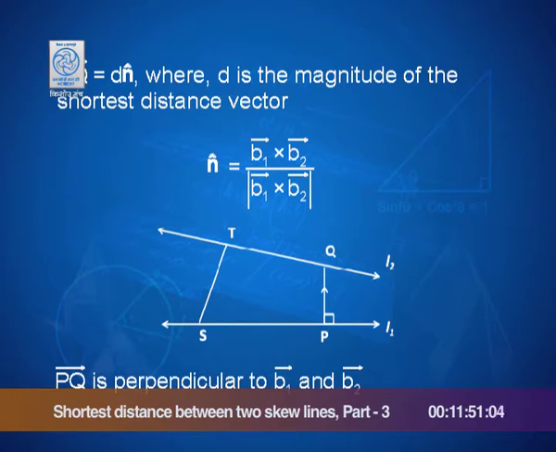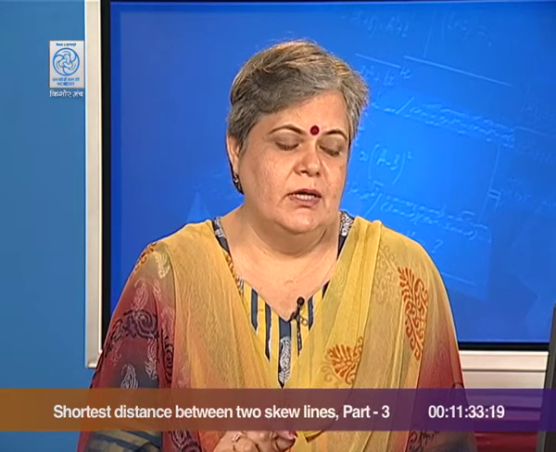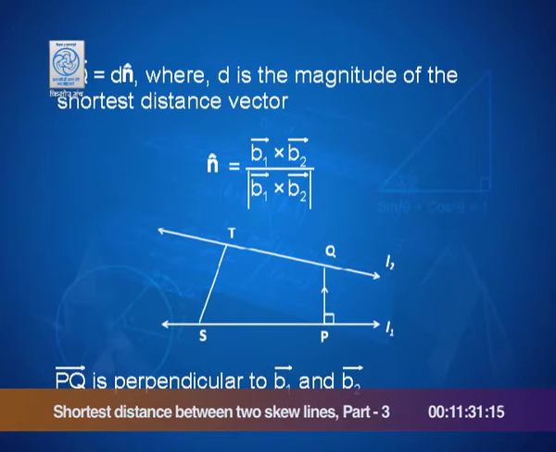The direction of PQ will be the same as the vector n cap, which is known to be perpendicular to both B1 and B2 vectors which are defining the two lines. And we know that the cross product of B1 and B2 gives us the direction which is perpendicular to both the vectors B1 and B2. Therefore, the unit vector n cap will be B1 cross B2 divided by magnitude of B1 cross B2.